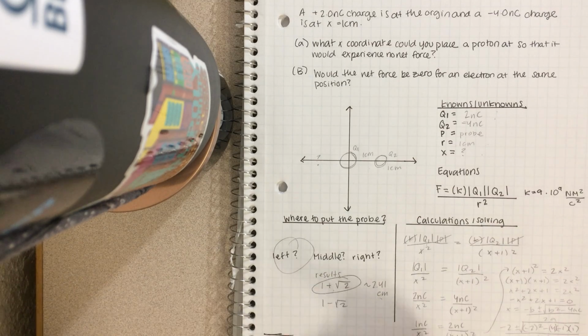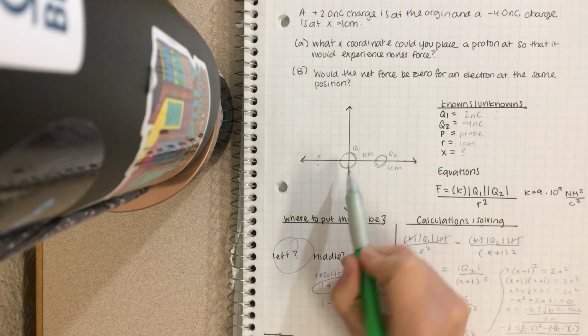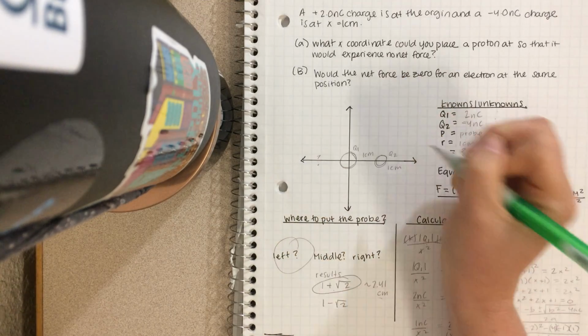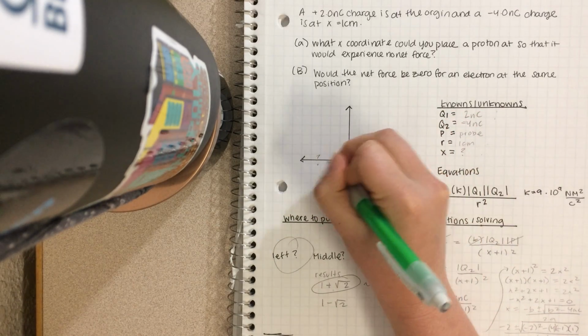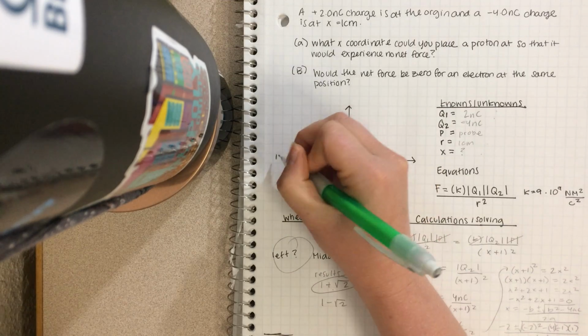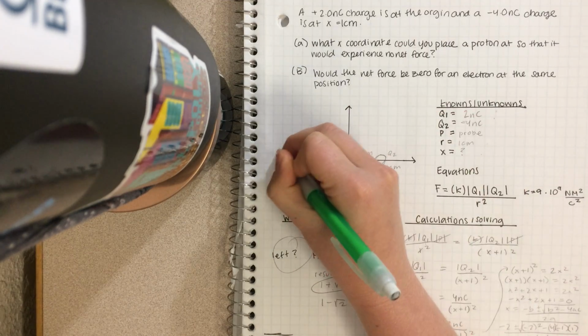That's how we defined our original conditions. It's 2.41 centimeters to the left of it. So our probe is going to be, if we say this is 1 centimeter, approximately here. So 2.4 is going to be somewhere out here. That's our probe.